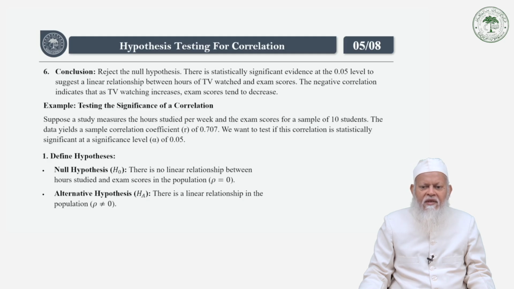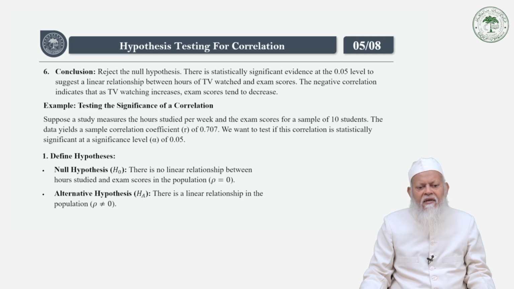So the negative correlation indicates that as TV watching increases, exam scores tend to decrease. So this was to test the hypothesis on correlation between the hours spent on television and the examination score, which we have found to be negatively correlated.